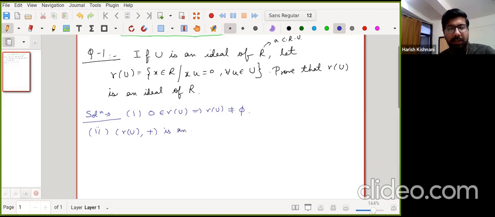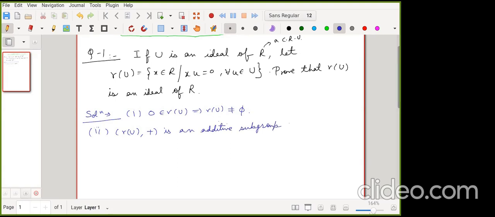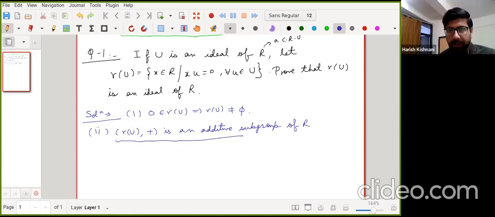You can just say that it's an additive subgroup of the ring R. Can anyone say something about it? How are we going to check whether something is a subgroup or not? This is easy, right?